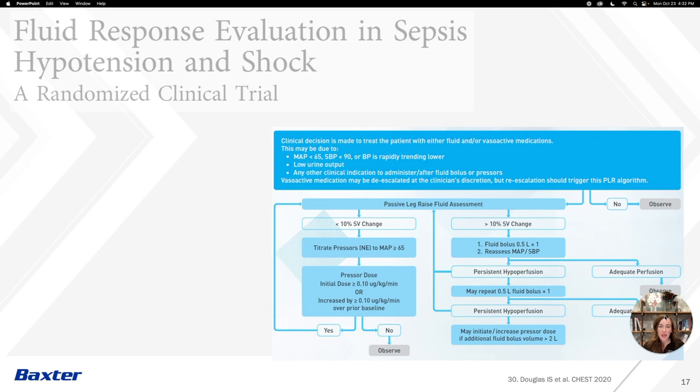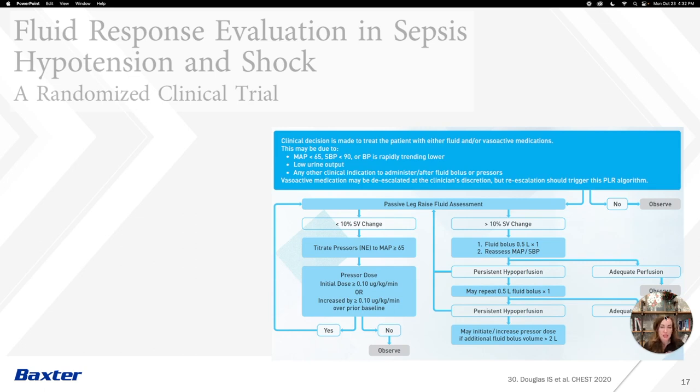Essentially, the clinical decision is made to treat the patient with either fluids and or vasoactive medications whenever the following happened. MAP was less than 65, systolic less than 90, or blood pressure is rapidly trending lower, low urine output, or any other clinical indication to administer or alter fluid boluses or pressors.